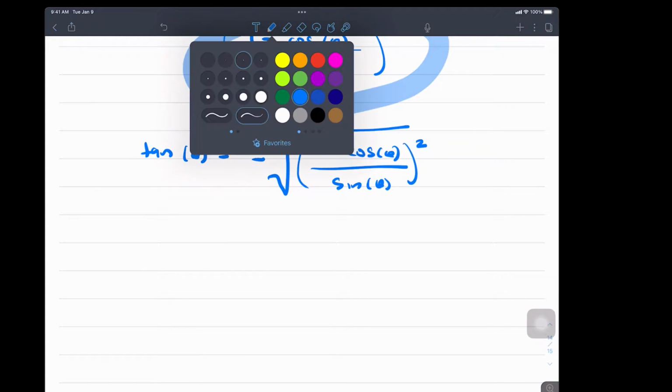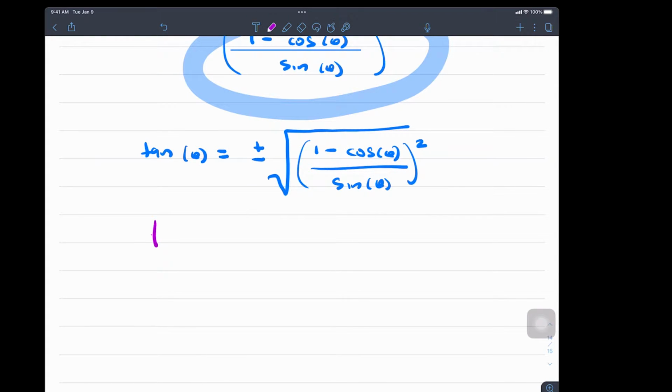Okay, so I want you guys to also remember this thing. The absolute value from algebra can be described this way.